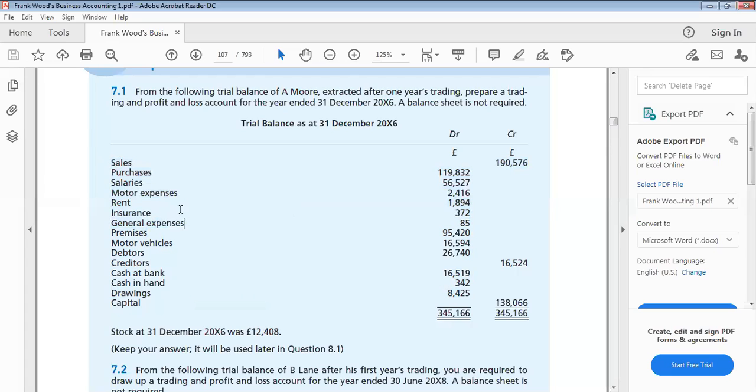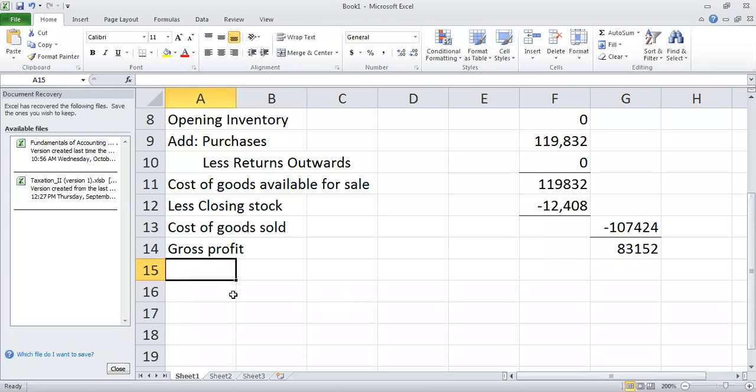So therefore, we're going to put in our expenses now. So you have less expenses. Now here, we're going to have salaries first. You're going to list them out.